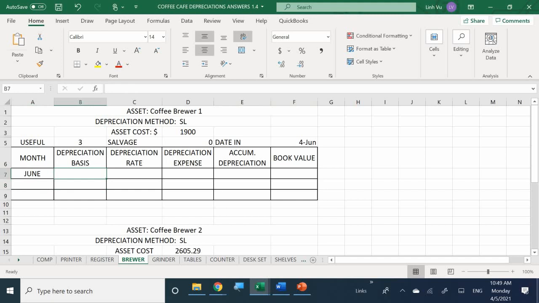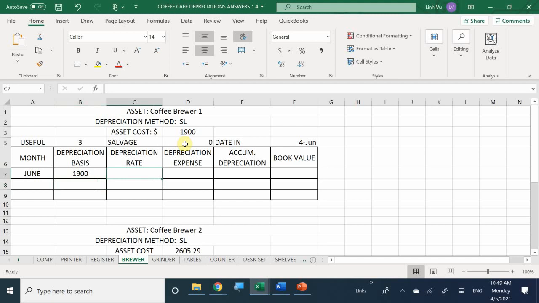So what is my depreciation basis going to be? Asset cost minus salvage cost, which is 0 in this case. So in this case, it should be 1,900. Yes. Okay.